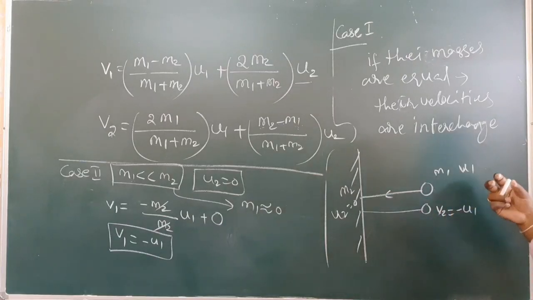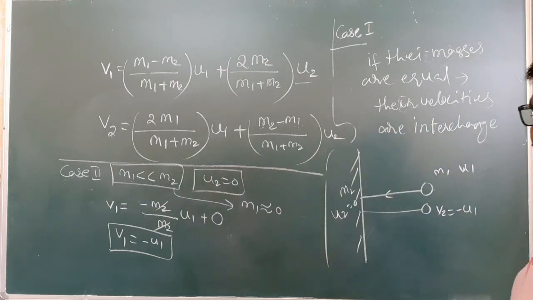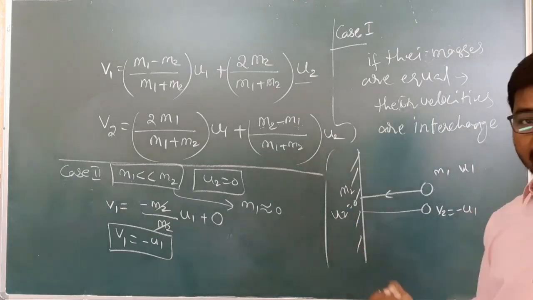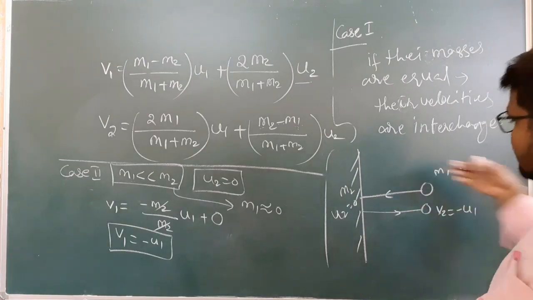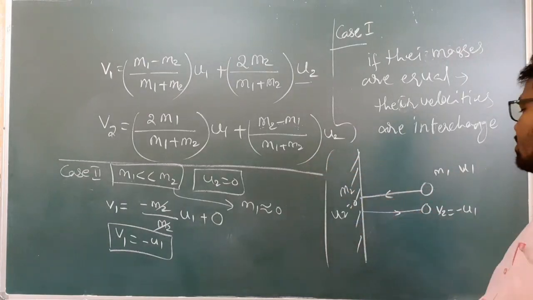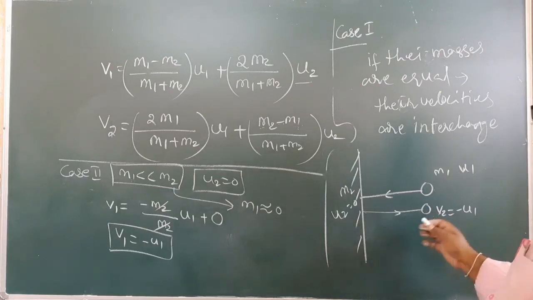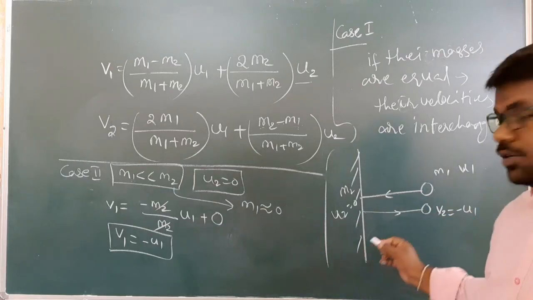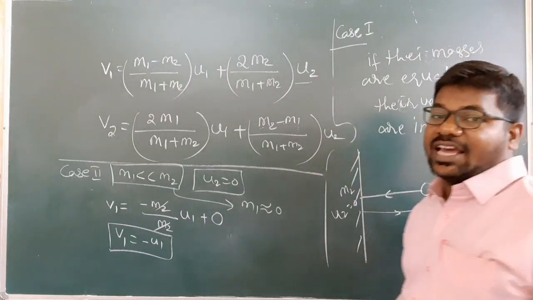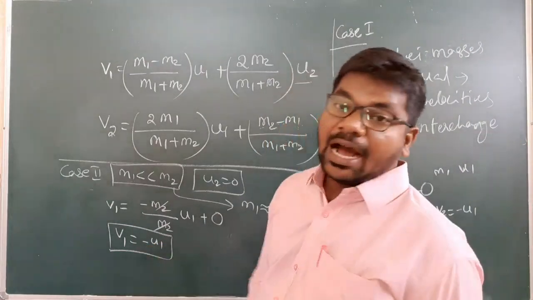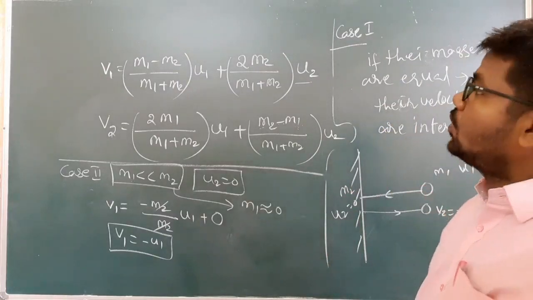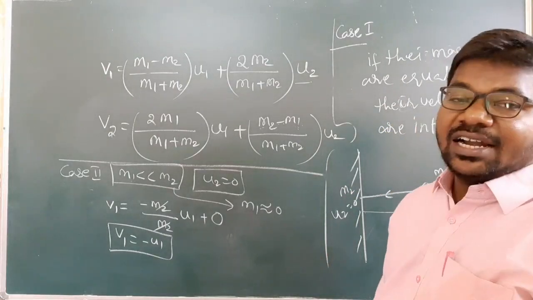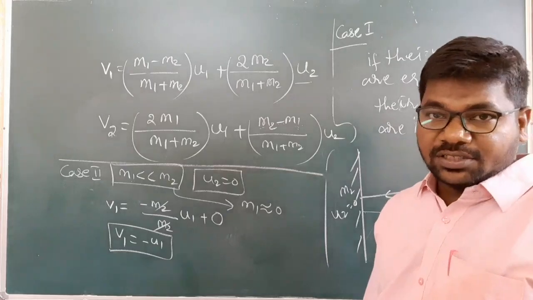When a ball is thrown towards a wall, the ball comes back in the opposite direction. First the direction is towards left, second the direction is right, so minus indicates opposite direction. Understand, my children? So this is about case 1 and case 2 in elastic collision.